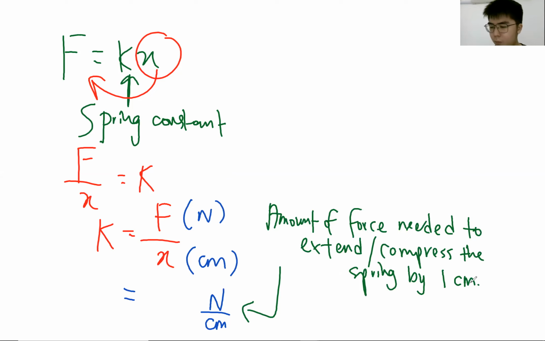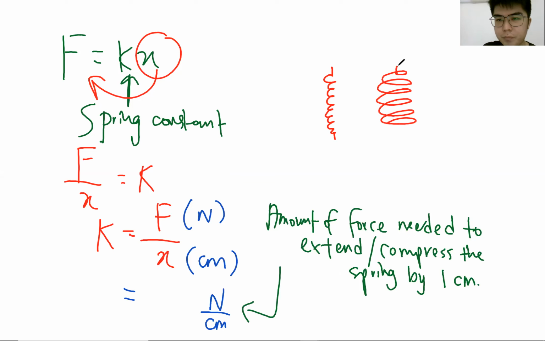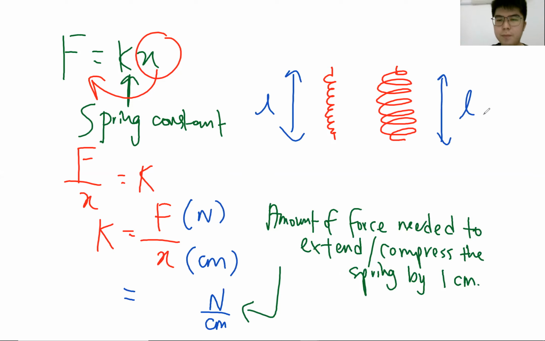Now, to give you more perspective on this one, let me draw these two springs here. The first one has a smaller diameter, and the second one has a bigger diameter. Same length: the original length is L, and this is also L. The first spring is just a normal spring. The second, let's imagine, is the spring of a car absorber.